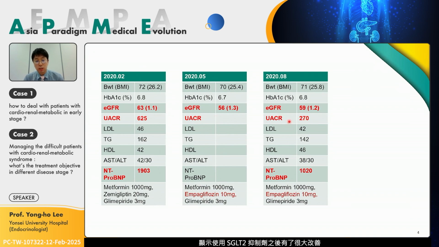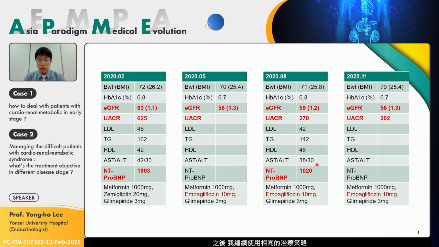NT-proBNP, initially 1,900, also went down by almost 50%, to around 1,000. I continued the same medication, and 3 months later, albuminuria decreased a little bit more, and GFR levels were sustained.